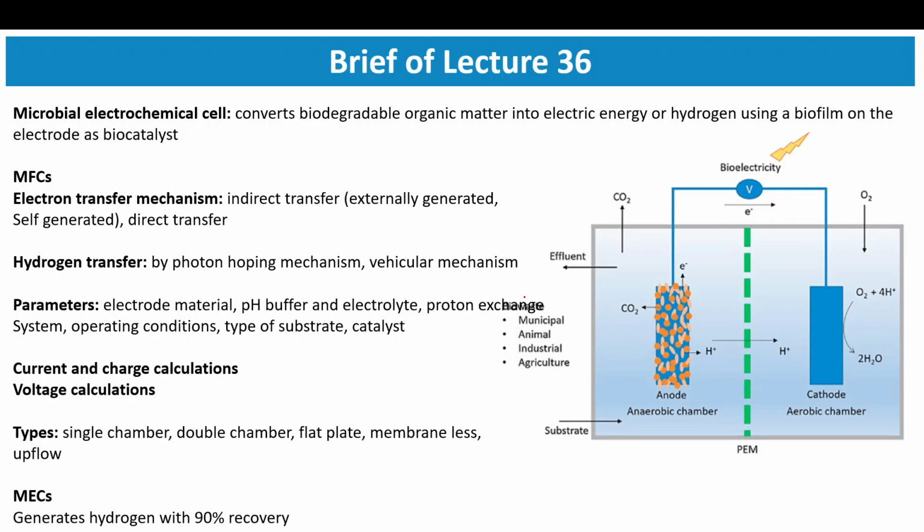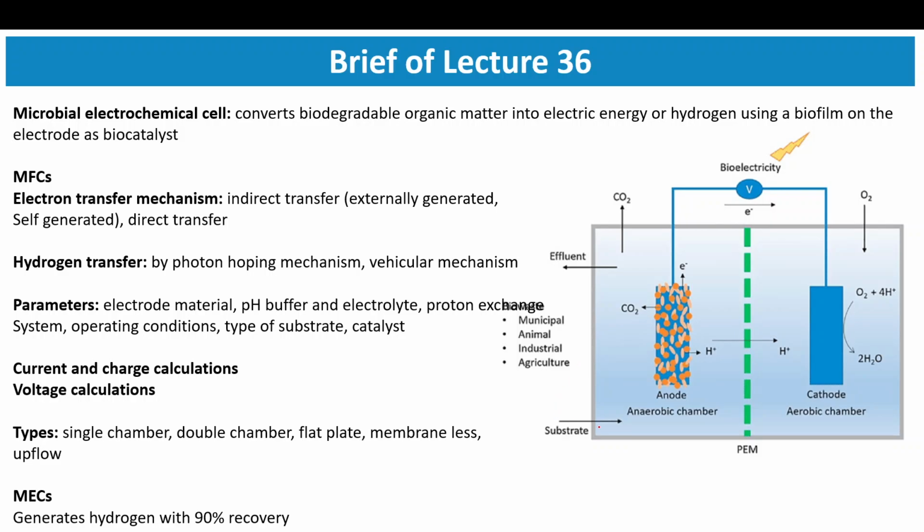Now this is an example of a microbial fuel cell. To generate electricity, we know there is a requirement of two electrodes: one is the anode and the other is the cathode.